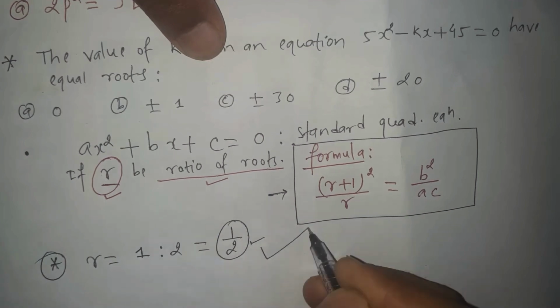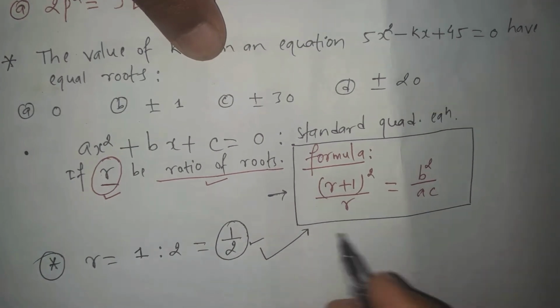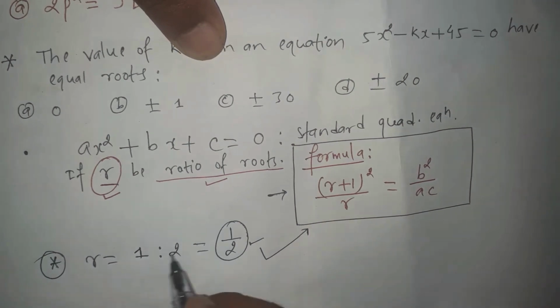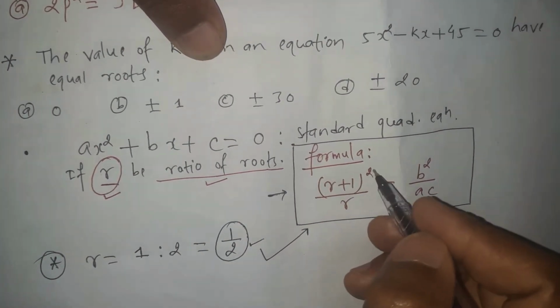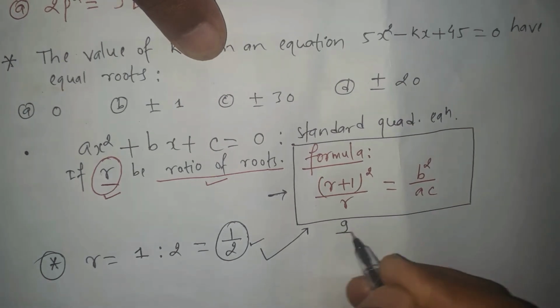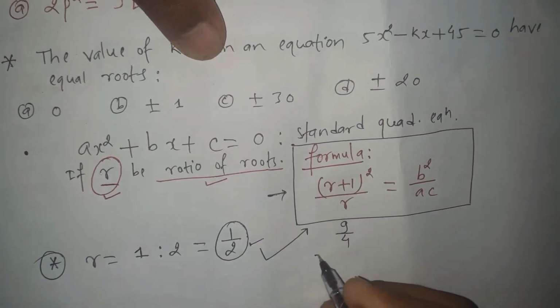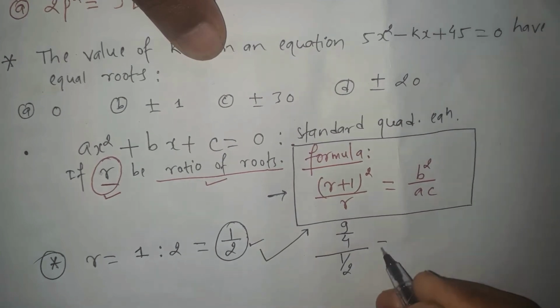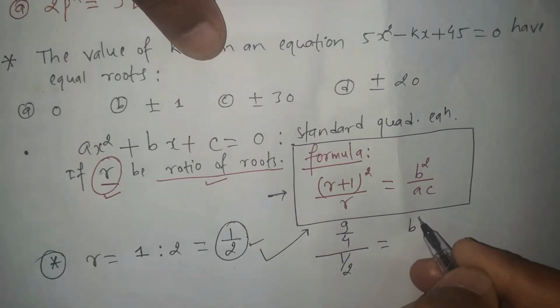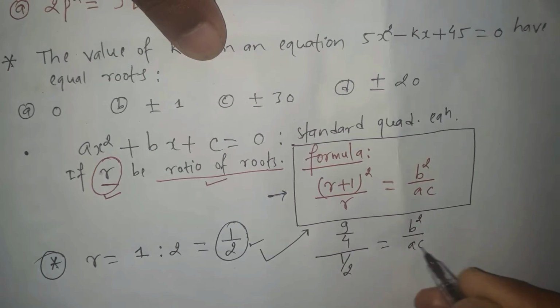Let's plug in this value into this equation. 1/2 plus 1 gives 3/2. 3/2 square is 9/4, all over the value of r, which is 1/2, equals b square over ac.